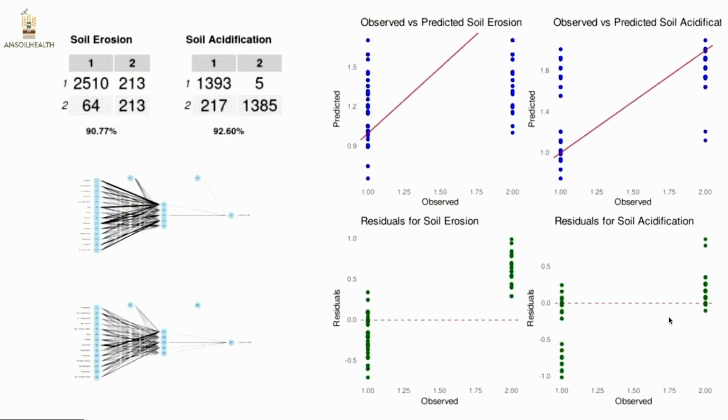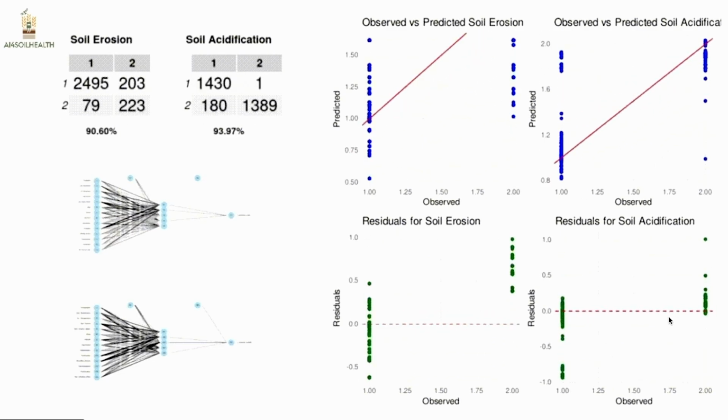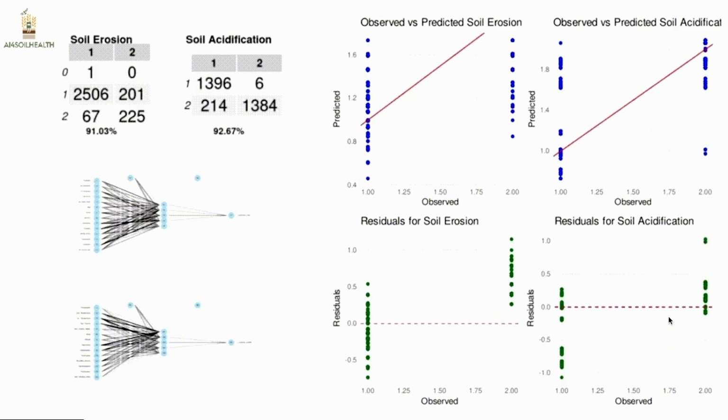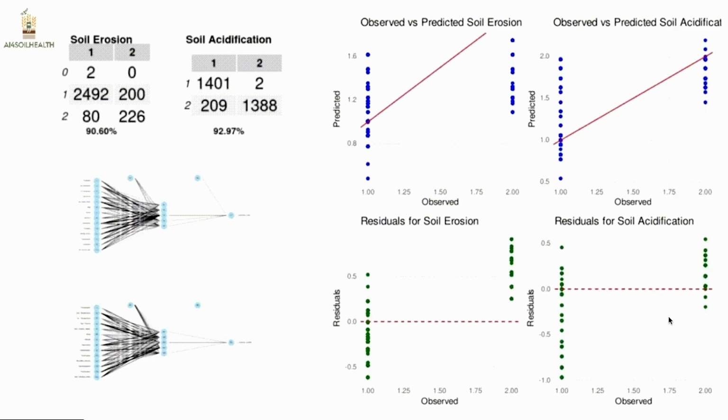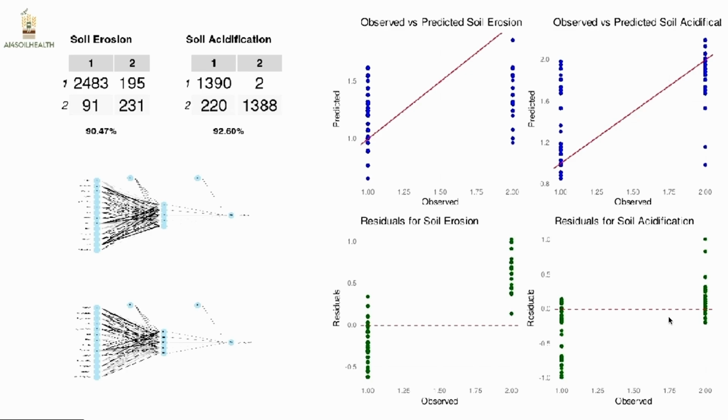With about 3,000 data points, we can train a very good neural net, and that was the result. So we successfully used a very simple neural net algorithm to create a reliable model for predicting both the likelihood of soil erosion and soil acidification.